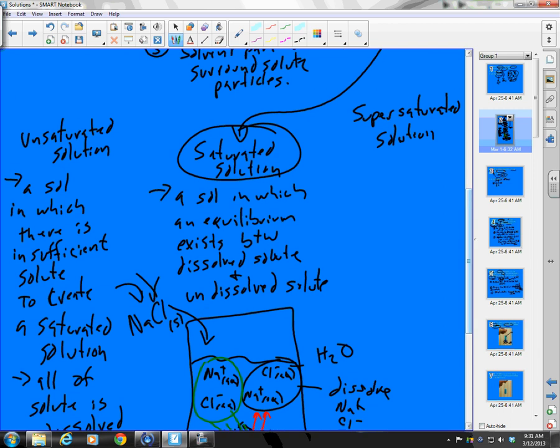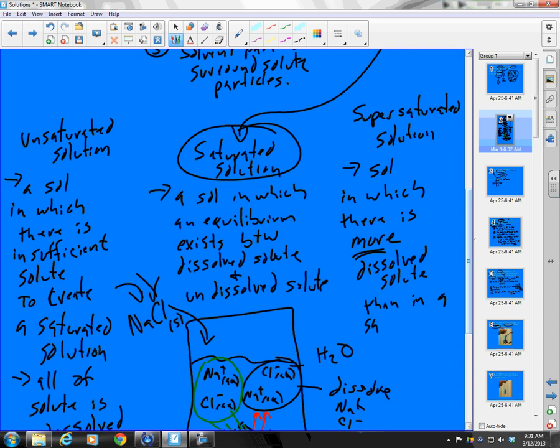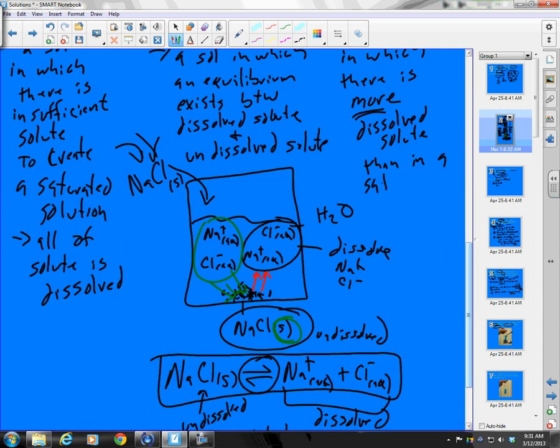And then what's a supersaturated solution? This is a solution in which there is more dissolved solute than in a saturated solution at similar conditions.